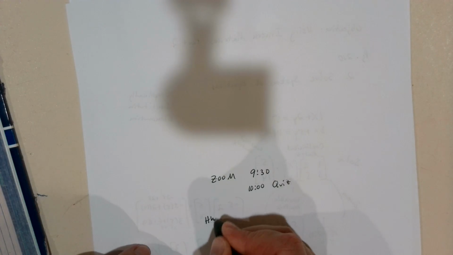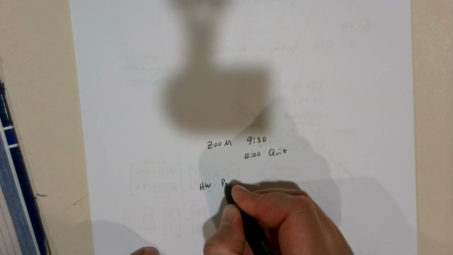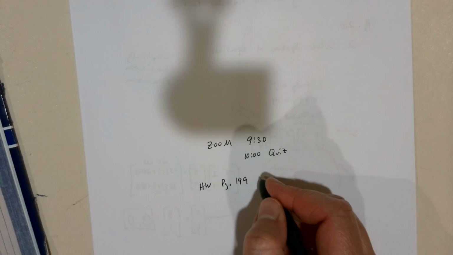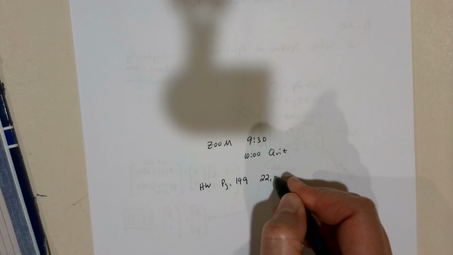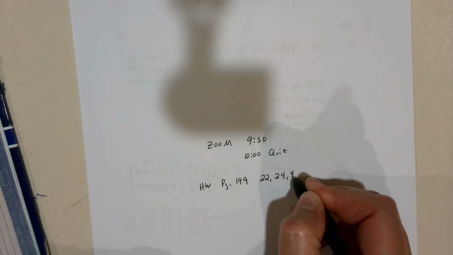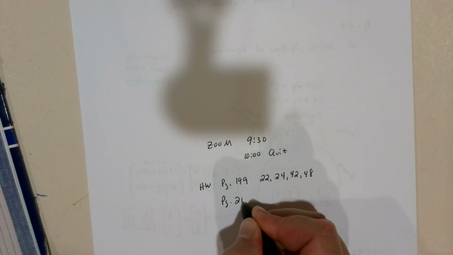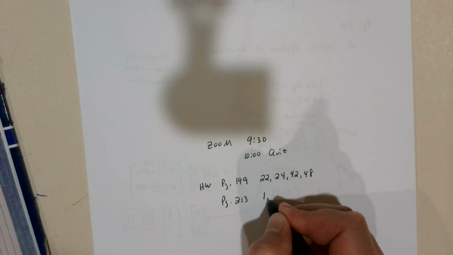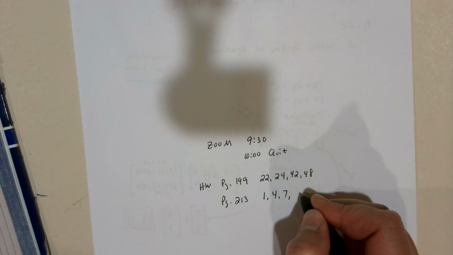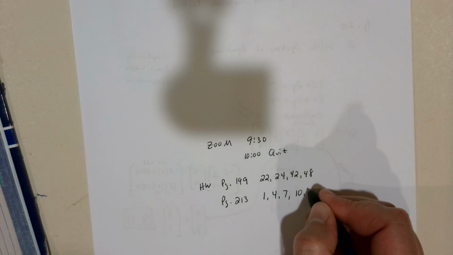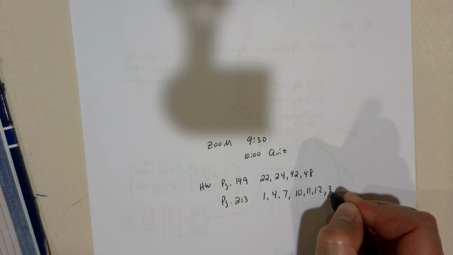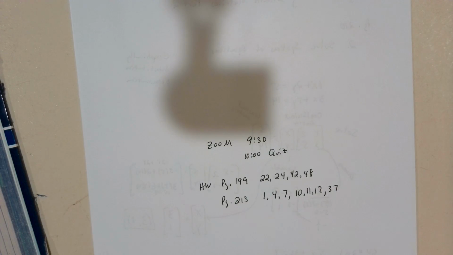All right, your homework for Uses of Matrices: in your book on page 199, I want you to work 22, 24, 42, and 48. And on page 213, I want you to work numbers 1, 4, 7, 10, 11, 12, and 37.